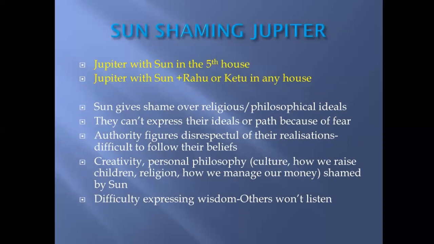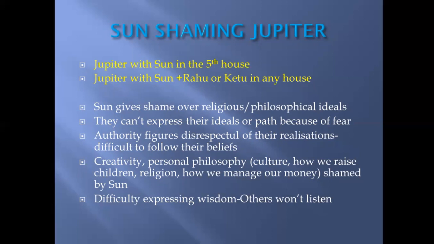Now, what happens when the Sun is shaming Jupiter? And this happens when Jupiter is with the Sun in the 5th house, or when Jupiter is with the Sun and Rahu or Ketu in any house. So the Sun is going to give shame over religious or philosophical ideas. Remember, the Sun represents authority figures. So authority figures might make us feel shame about our philosophical ideas, about a belief system, a religion.